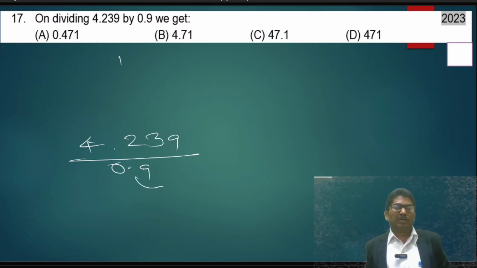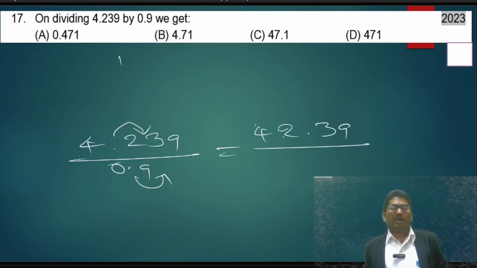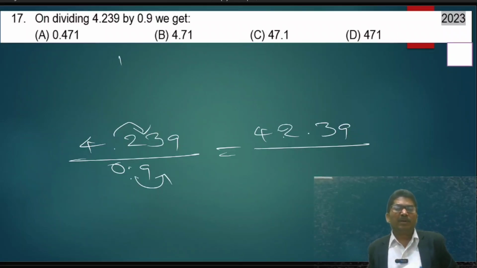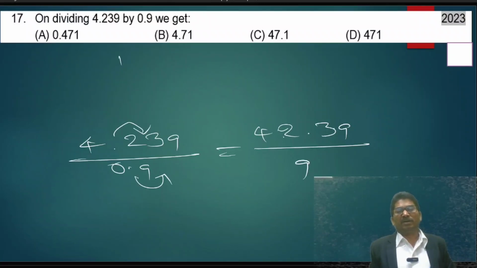You have to shift the decimal to the right by 1 place, here also. 42.39 by 9. 4 plus 2 is 6, 6 plus 3 is 9, 9 plus 9 is 18. 18 means 9 is the digital root. So this is divisible by 3 and 9 also.